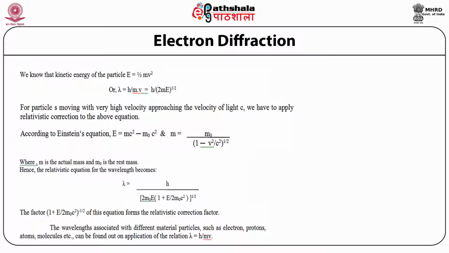The wavelengths associated with different material particles such as electrons, protons, atoms, molecules, etc. can be found out on application of the relation lambda is equal to h upon mass into velocity.